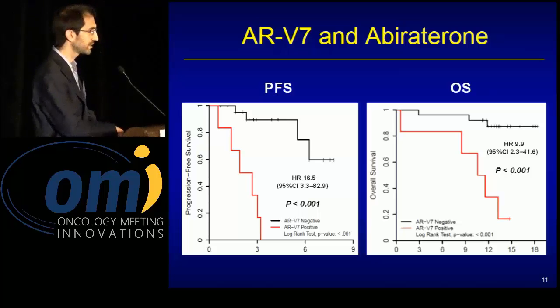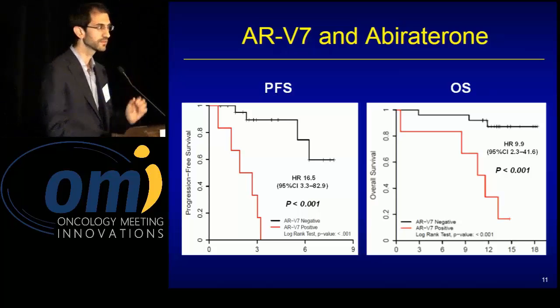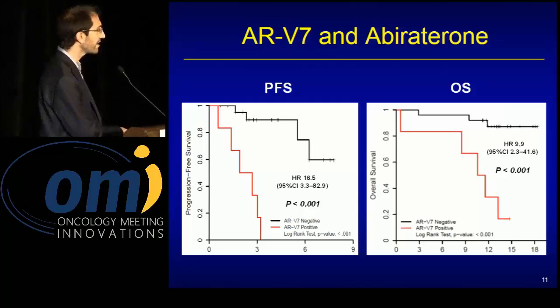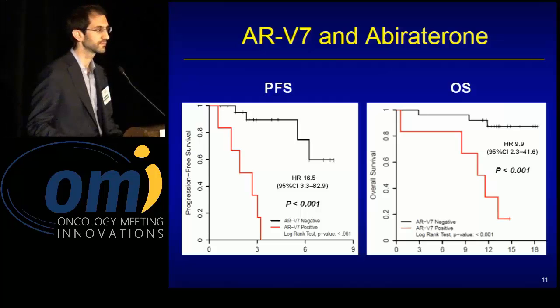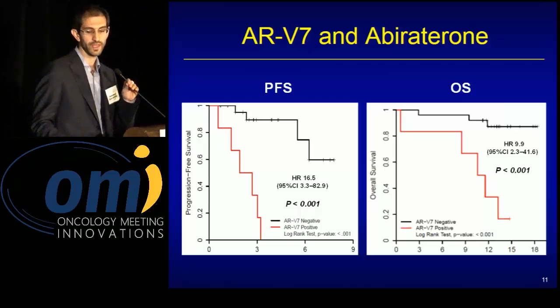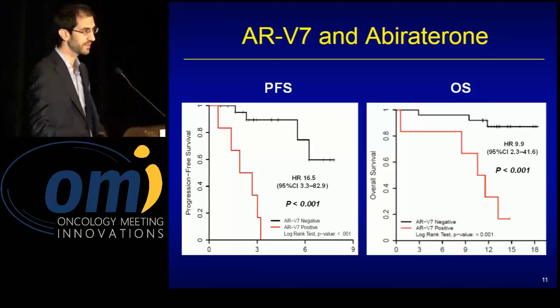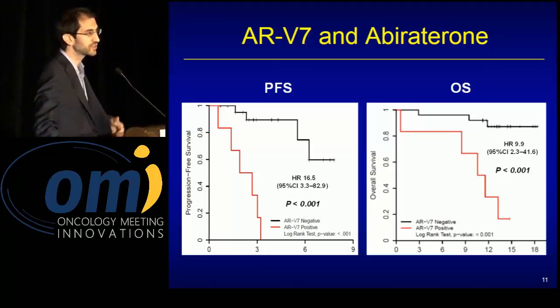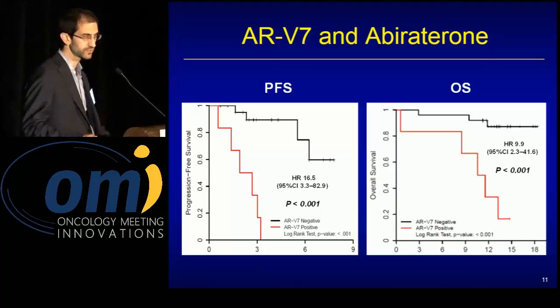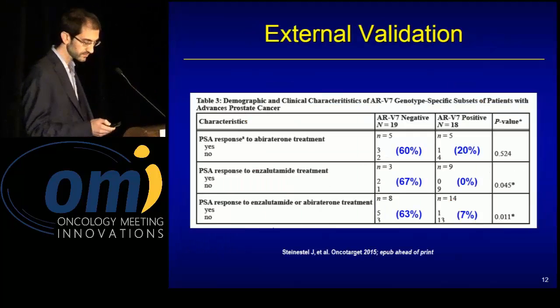In fact, every single patient had progressed by about 3.2 months. And again, the survival, even though these patients were otherwise treatment-naive CRPC patients, was a median of about 10 months. So this, at least to me, was very concerning: if the AR variant was present, potentially regardless of other clinical factors, that phenotype might be very lethal.